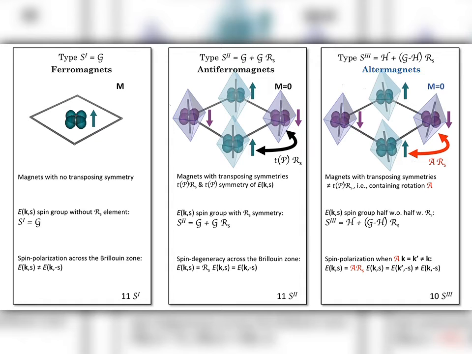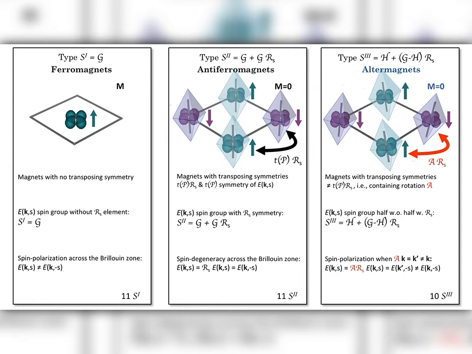On the other hand, I have the type 2 spin group, and this type 2 spin group is the one which has the RS symmetry. This one corresponds to magnets which do have transposing symmetry, but only 2 possibilities. The transposing symmetries are either translation combined with the spin rotation, or inversion combined with the spin rotation.